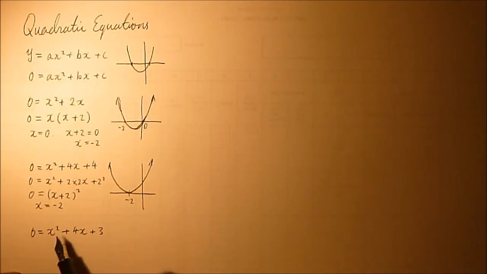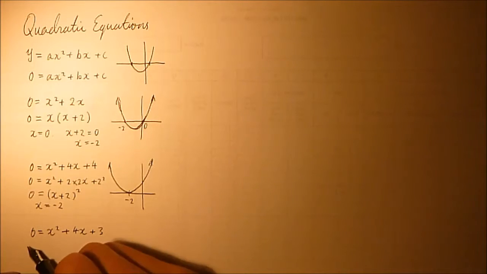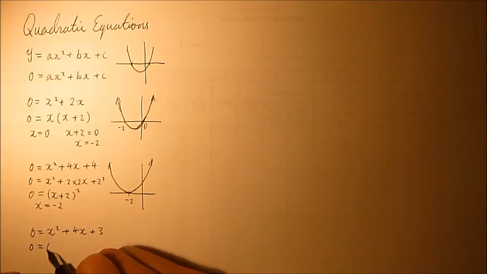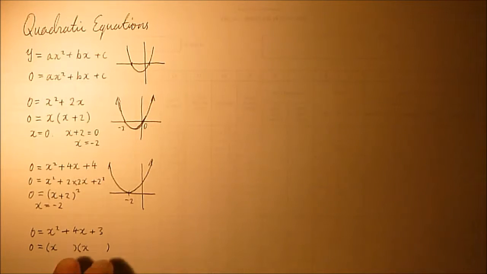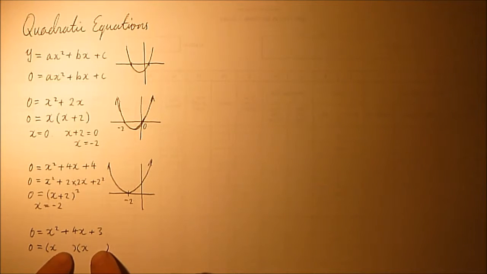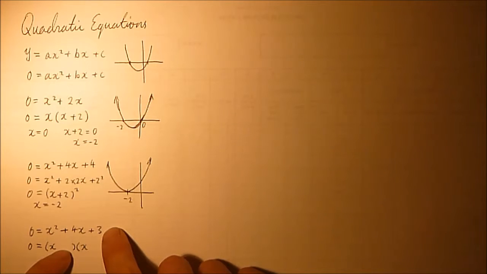In this case, the thing we should do is to first factorize it. So we end up with x plus something and then x plus something else. For a quadratic trinomial, we're looking for two terms here. If you multiply them together, they should give you 3.